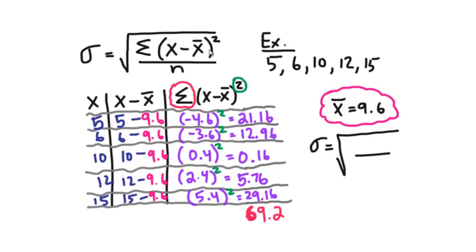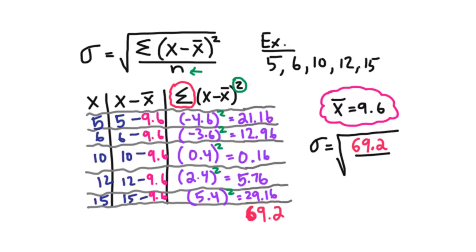Alright, the only thing we have left now is to carry out the calculation. So sigma is equal to the square root of capital sigma in parentheses x minus x bar squared over n. We already found the numerator here, which is the sum of this column, and it came out to 69.2. So let's plug that in here, 69.2, and the only thing that's left is this n, right?